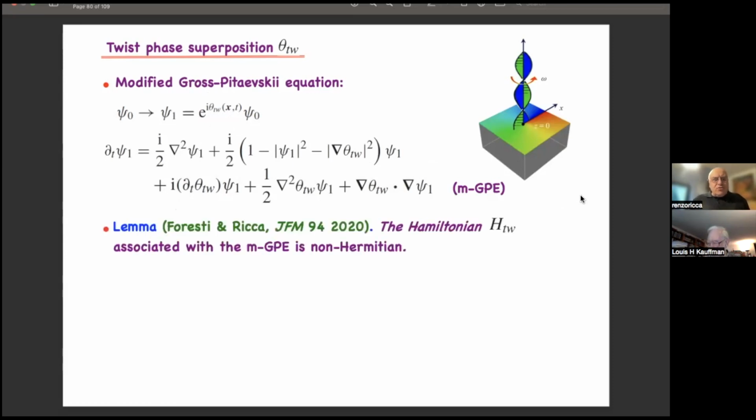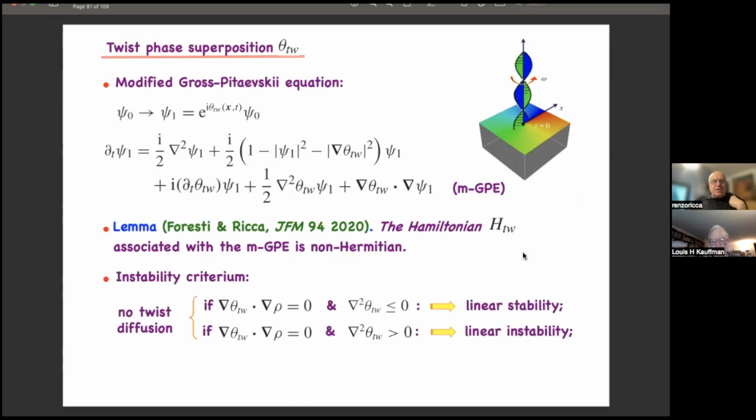Indeed, we can prove on the basis of this equation that the Hamiltonian that governs the defect with a superimposed twist is non-Hermitian. It means that it can gain or lose energy. Now we kept going, and we derived an instability criterion.